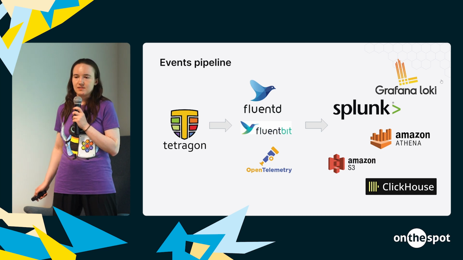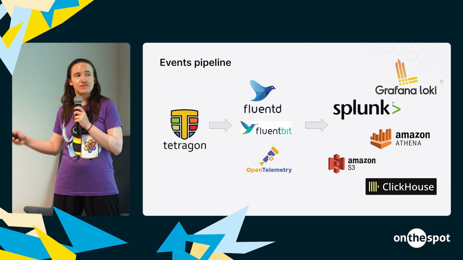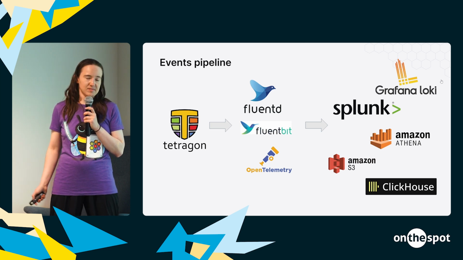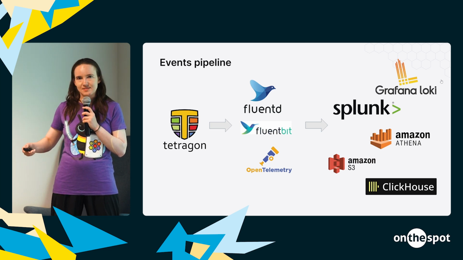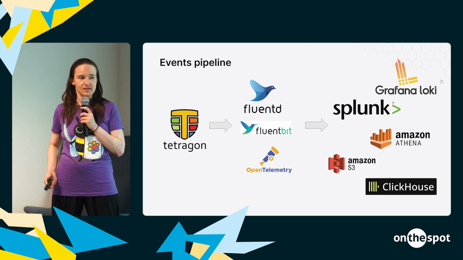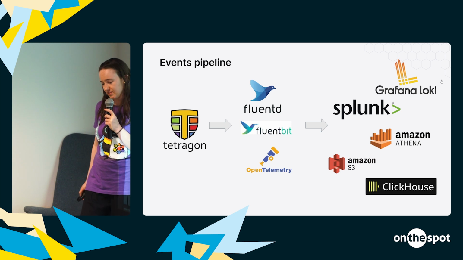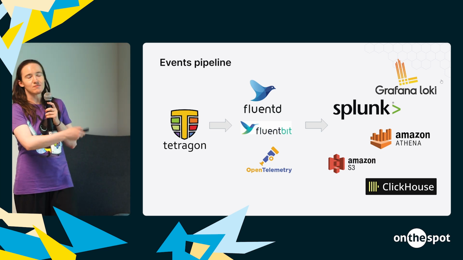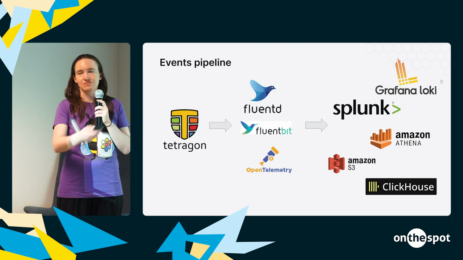More security-focused tools like Splunk or Elastic, and many people decide to build something on their own using, for example, ClickHouse or some AWS services. This is absolutely in no way specific to Tetragon, right?